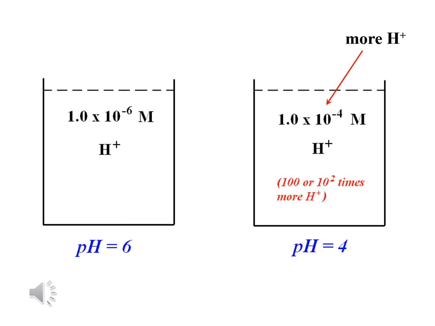So look at what happened. When you change the concentration of H plus by 10 squared times, how much did the pH change? It changed 2 units. The pH changes like the exponent and not like the concentration. And you can do this in your head if you know how many pH units you changed.